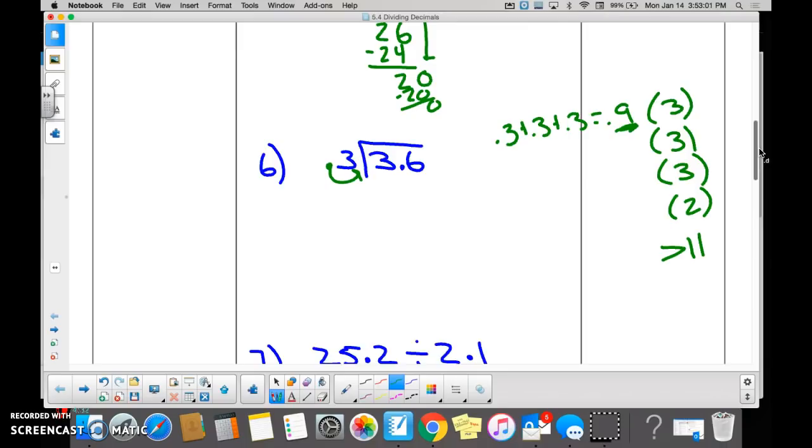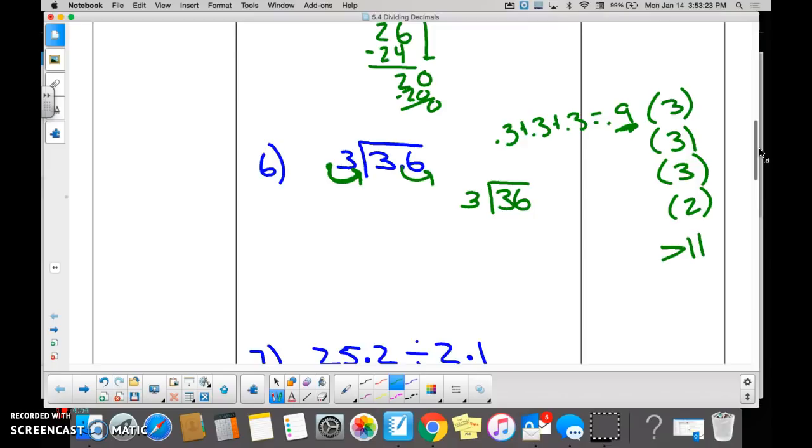And moving this over 1 spot is the same as multiplying by 10, so you're going to move this over 1 spot or multiply the inside number by 10. So then you would rewrite your problem as 36 divided by 3 instead of 0.3 and 3.6 inside the box.